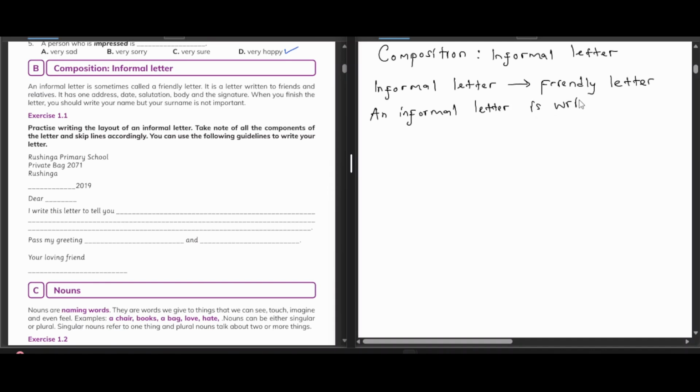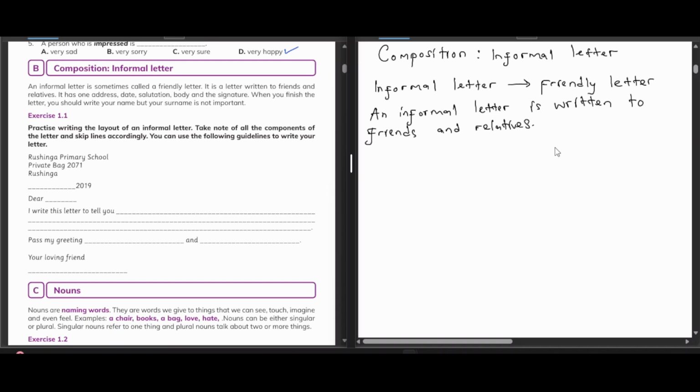is written to friends and relatives. That is what an informal letter is. The recipient, the person you are writing to, is either a friend or a relative.